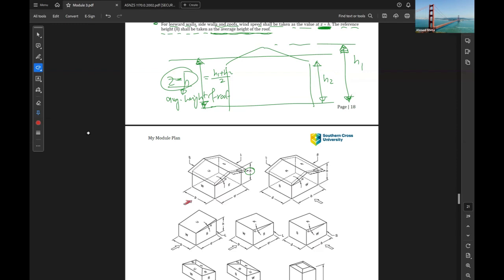If the wind is coming in this direction, this arrow indicates the wind direction. So the face facing the wind is called the windward face, or W. The opposite face on the other side is called L, leeward.